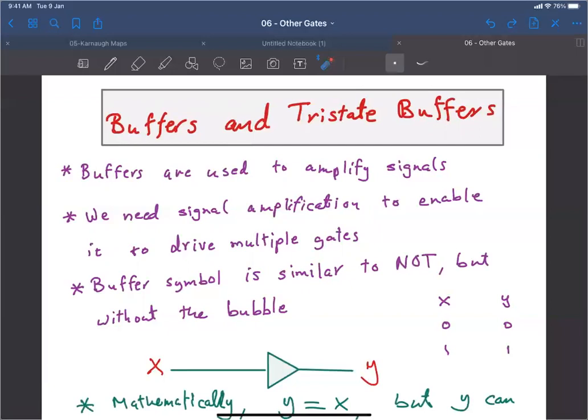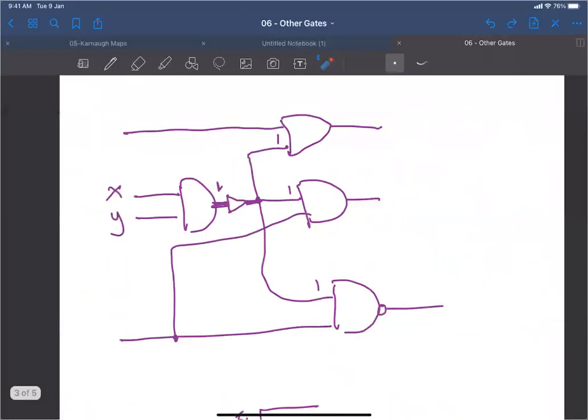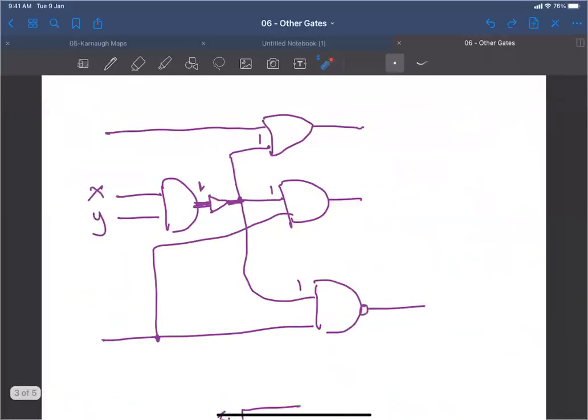If your output is expected to drive many gates, like here, for example, let's suppose that we have this AND gate that is driving these three OR gates.